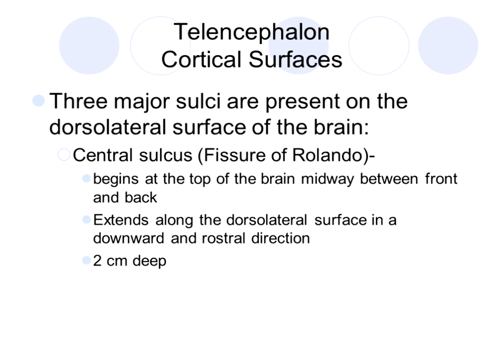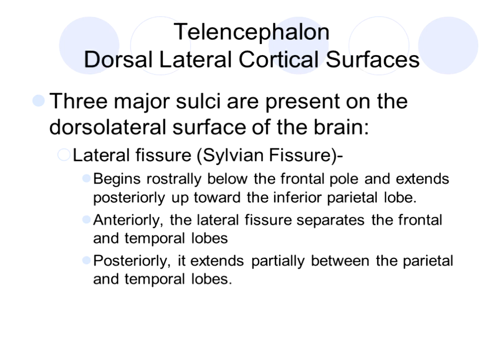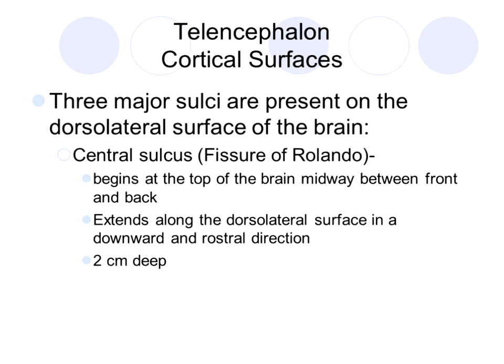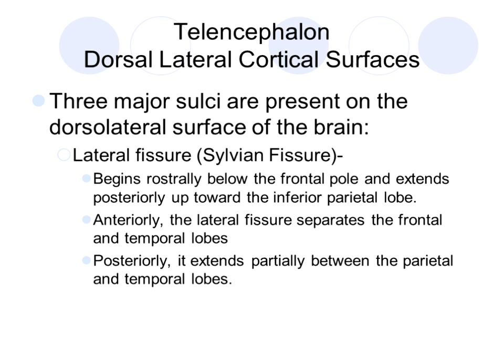And it begins at the top of the brain, midway between front and back, and extends in a downward and rostral direction towards the front area. It's 2 centimeters deep, so I'll just kind of show it to you in a minute. So one of the fissures that you're going to learn is the fissure of Rolando, which is also called the central sulcus.